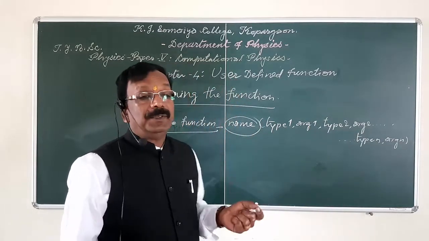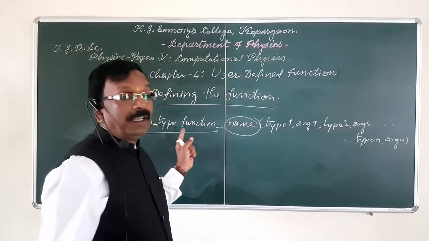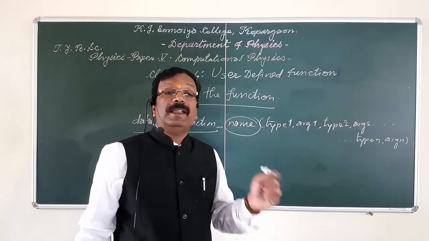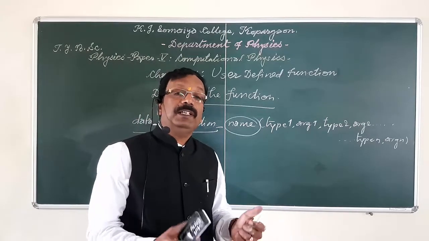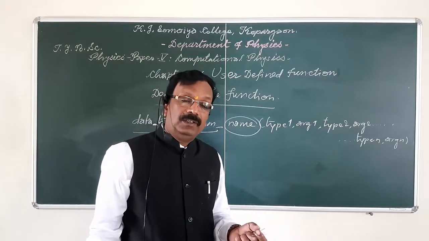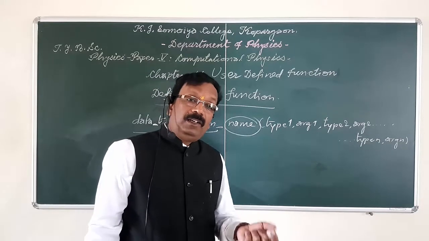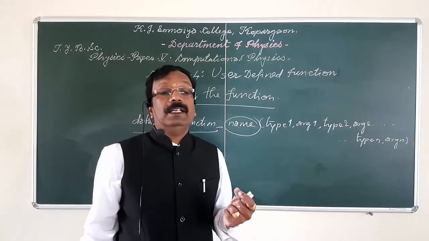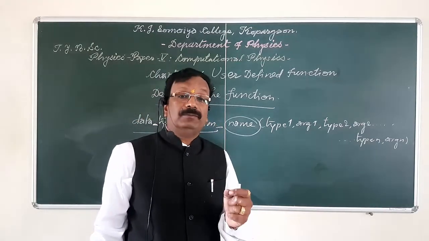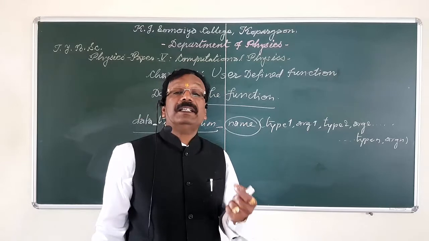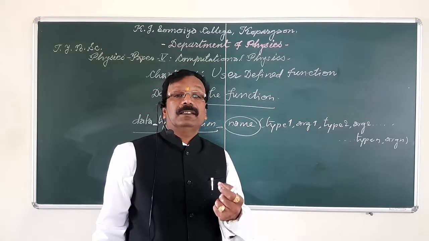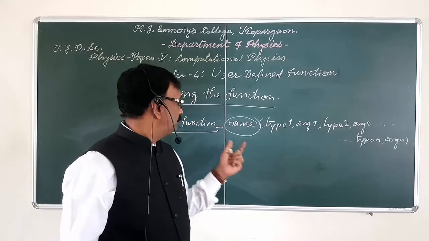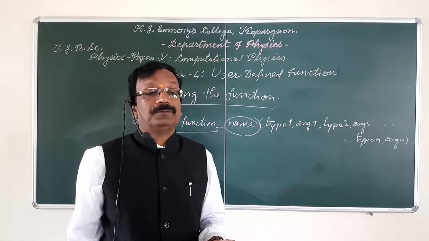Now here in this definition, data type represents the data type of the item. Which items are used? For example, integer, float, double, long, etc. So data type represents the data type of the item or variable that is returned by the function.